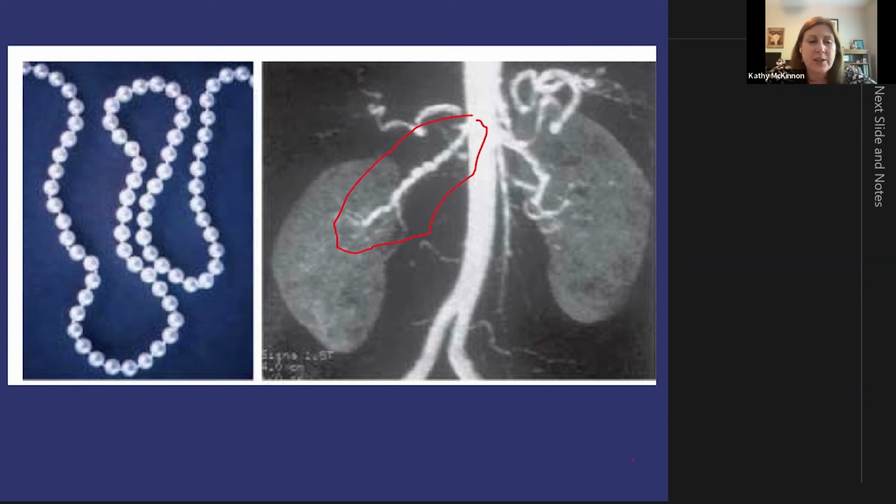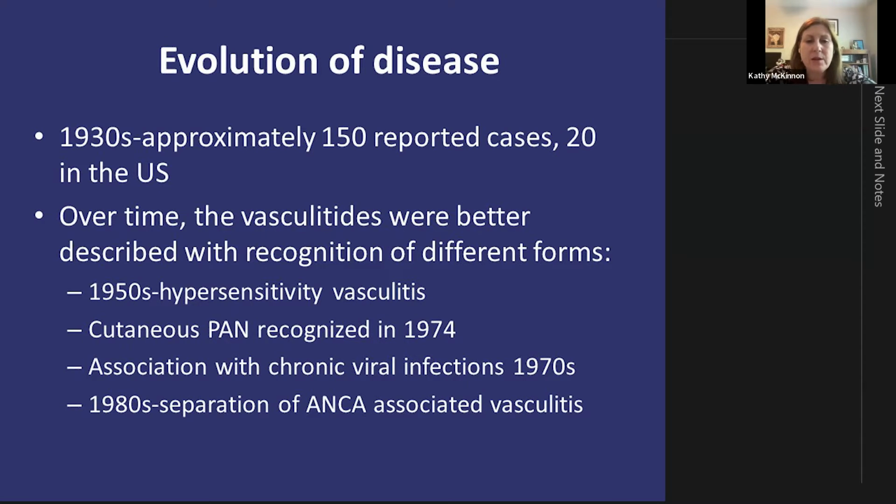And you can see on the left, there's your typical string of pearls. And this is beading of the renal artery that's circled there that represents that. And this is commonly what we do see when we're looking at angiograms or MRI studies of PAN. So over time, this has become more and more of a recognized disease. You can see in the 1930s, there were about 150 reported cases worldwide and 20 in the United States.